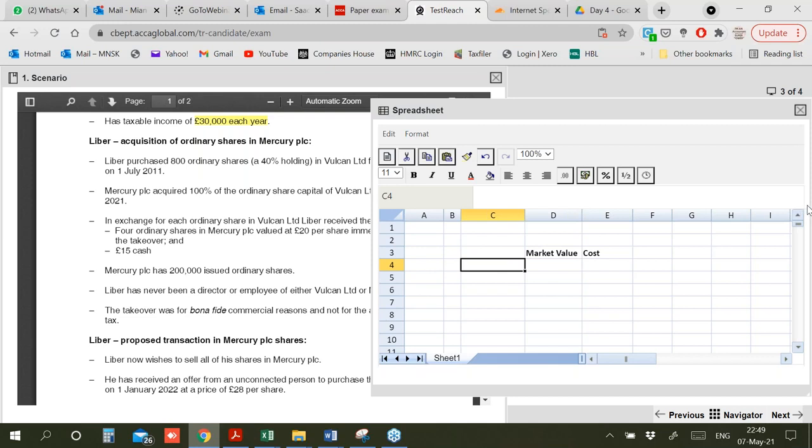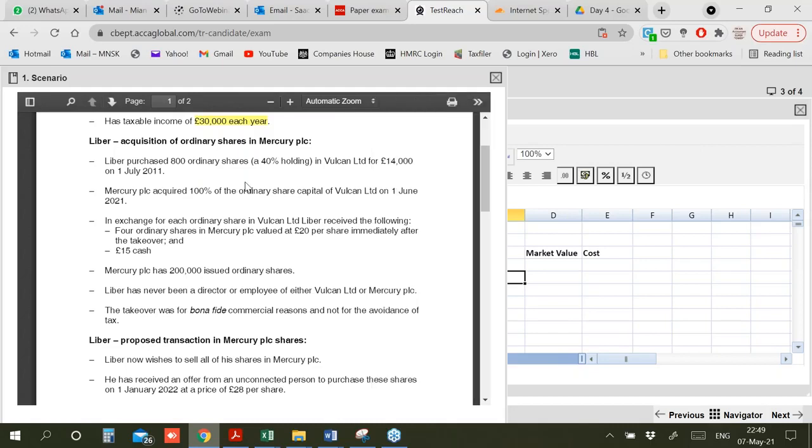First of all, you have to check the cost of the old shares that she has bought. It is 14,000. You should remember that it is the 14,000 that you have to split between the two. Imagine a takeover where I have a mobile that I bought for £1,000. You come and offer me: if you give this mobile phone to me, I will give you a mobile phone and a smartwatch in return.